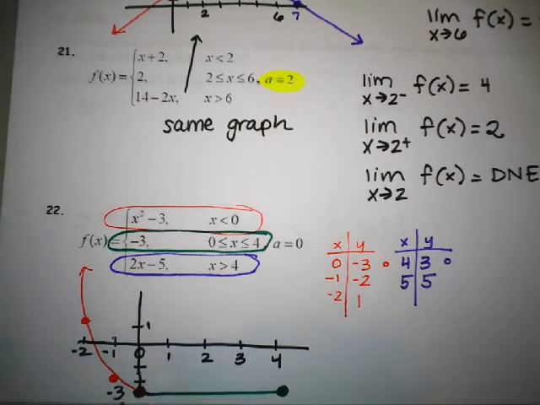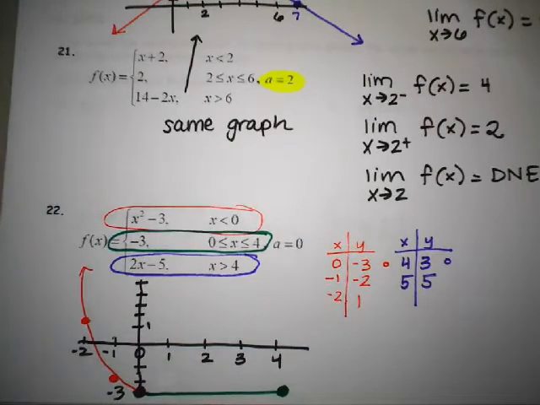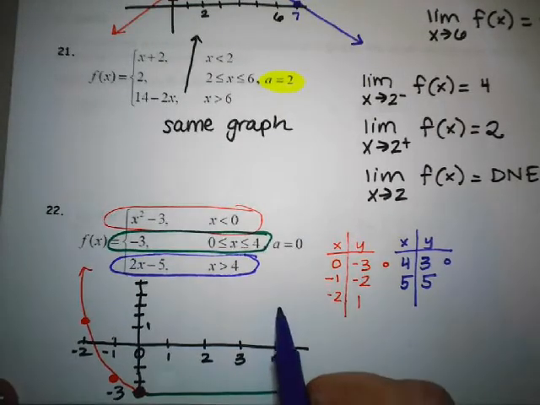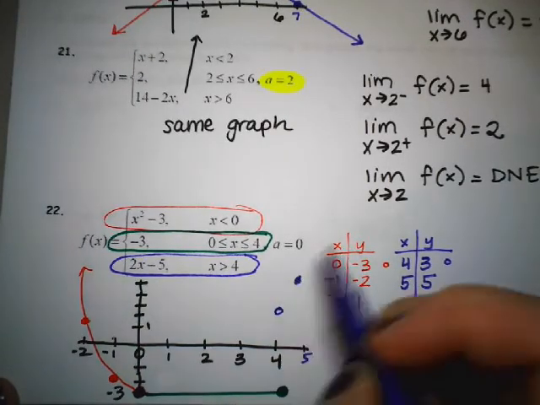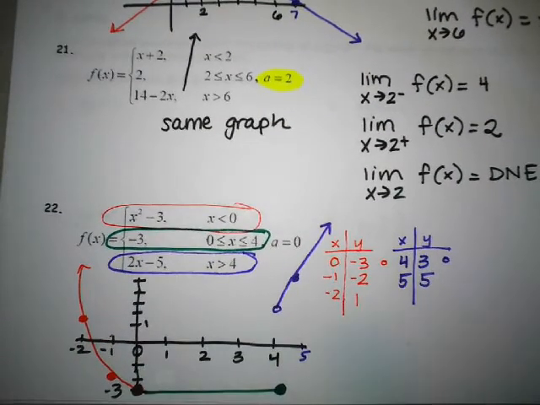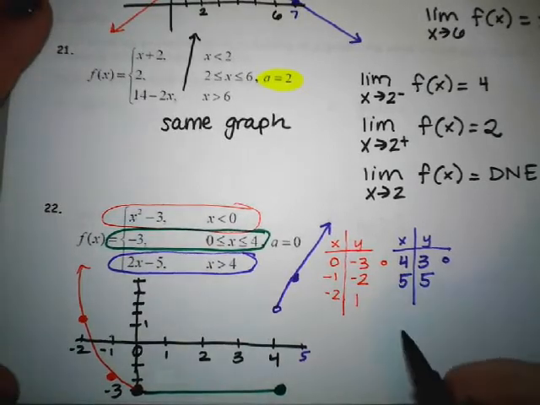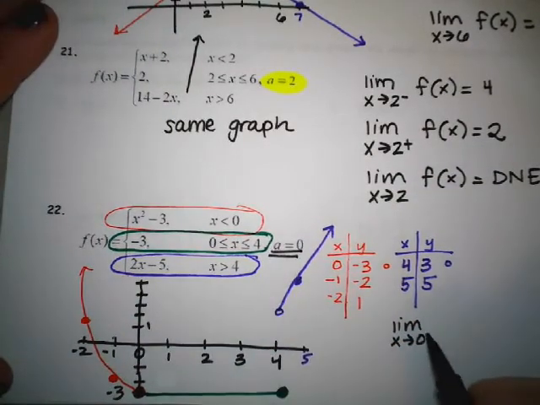So when I go to graph, I'm going to have 4, 3 as an open circle. I'm going to have 5, 5 as a closed circle, and this is just going to be a straight line going off like this. And now that it's graphed, we can answer our 3 questions. So the first question is, what is the limit as x approaches 0 from the left?